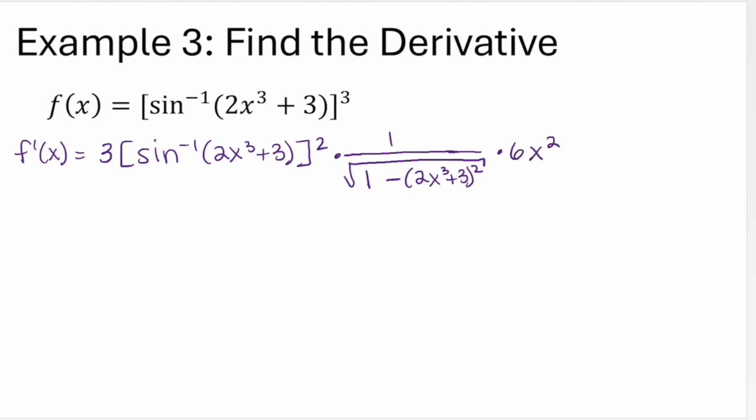All right, now let's see what we can put together and make it look a little bit better. Can't do too much, honestly. So I can put the 6 and the 3 together. So 6 times 3 is going to be 18. And I'll bring that x squared out in front as well. And then I'm going to keep all of this on the top.